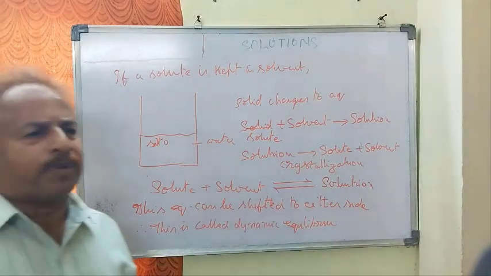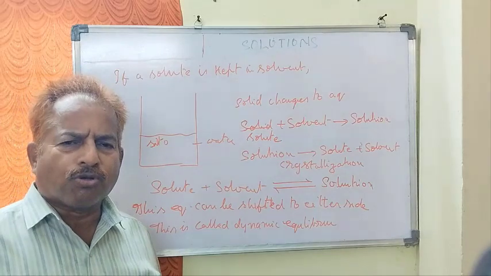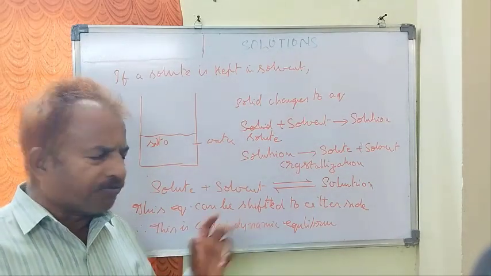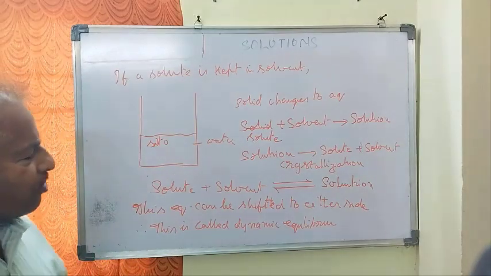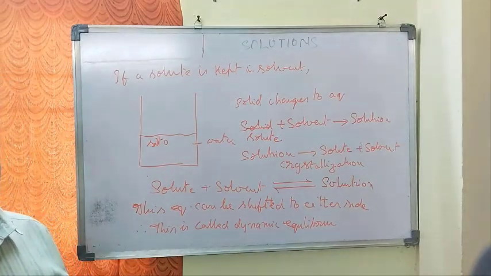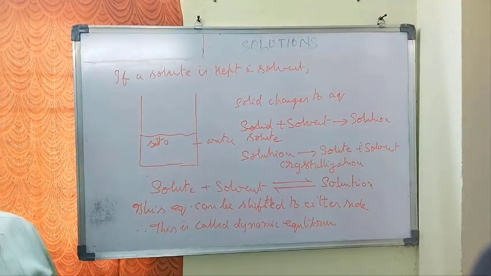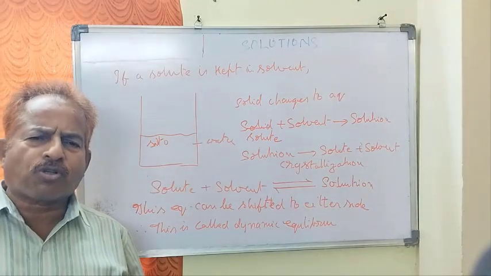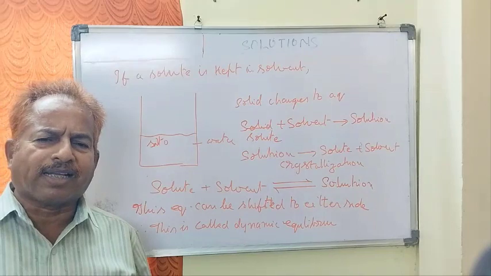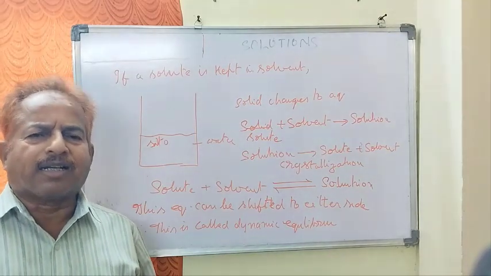But in a saturated solution, the number of solute particles going into the solution becomes equal to the number of dissolved solute particles that crystallize and settle at the bottom. That is, the process of solubility is equal to the process of crystallization.